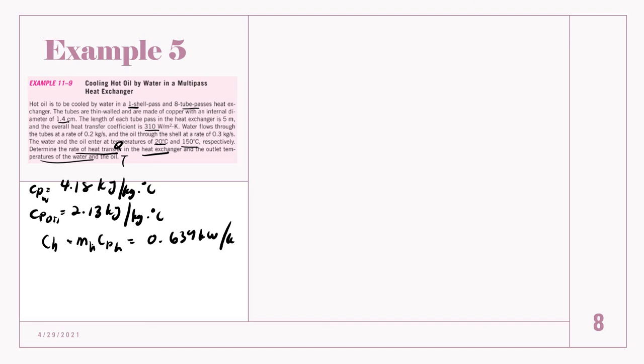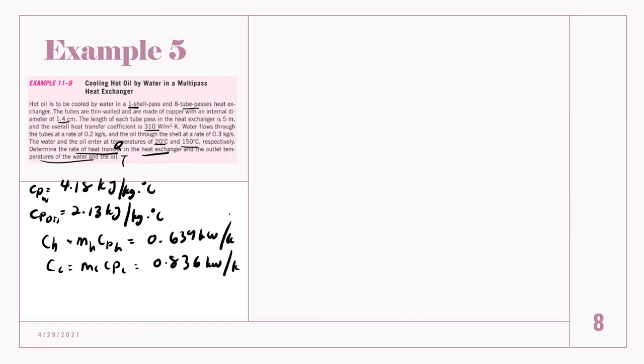The mass flow rate for the hot oil is around 0.3 kg, for the cool water is 0.2 kg. So you will get here 0.836 kilowatt per K. Okay.